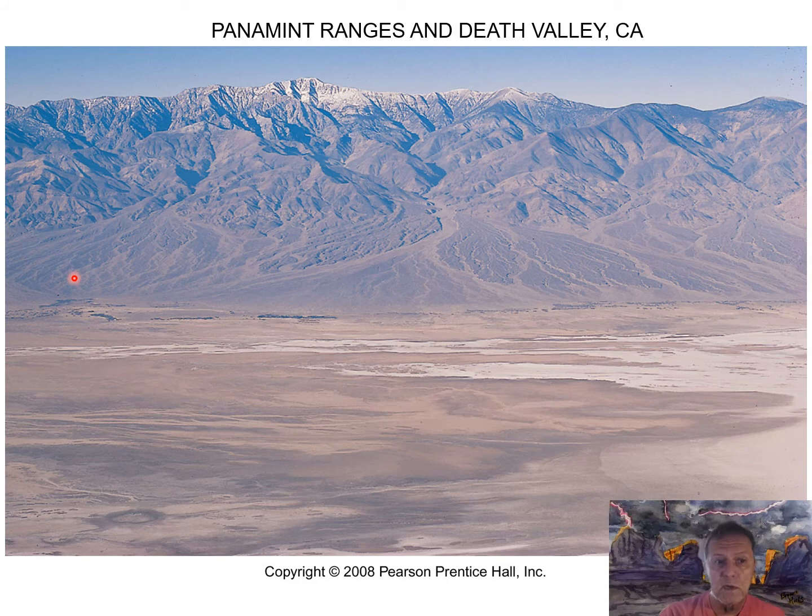Here's an example of a rain shadow desert here in California. The Panamint Ranges are very high mountains, I believe up to 11,000 feet above sea level. And Death Valley, of course, is at sea level or lower. So this is a rain shadow desert caused by moisture piling up on the other side of the mountain ranges.